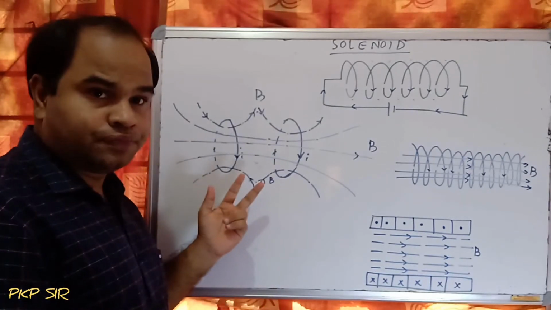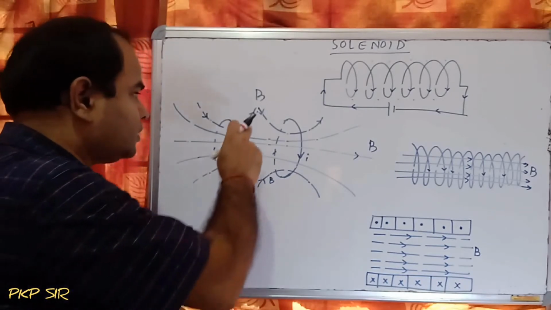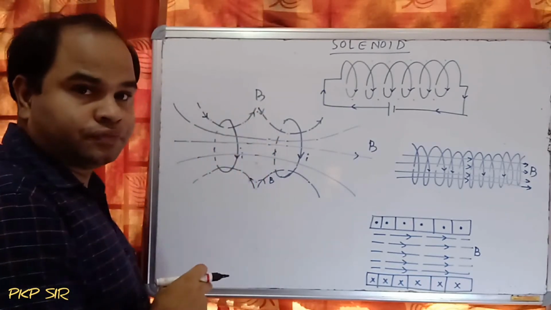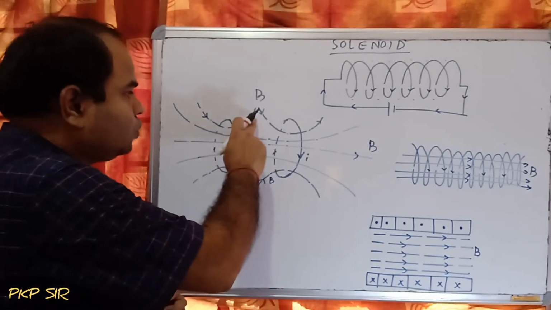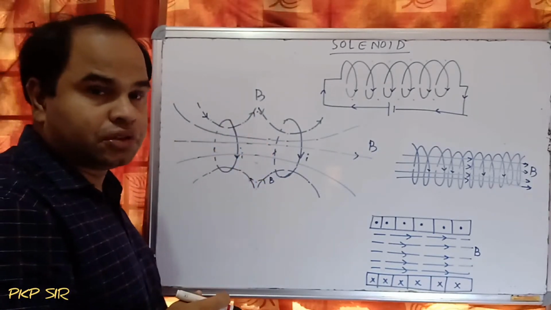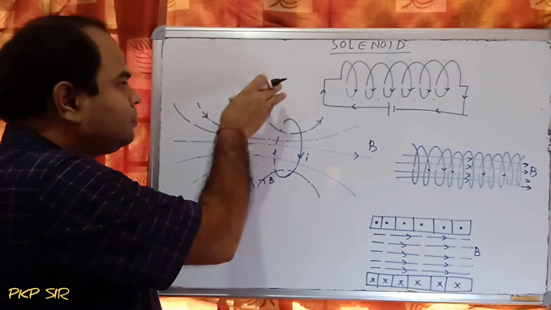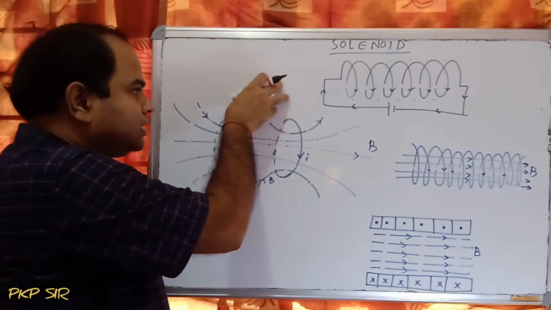then at the middle point, the two magnetic fields will cancel each other at this position. So that means there will be no magnetic field at this position.